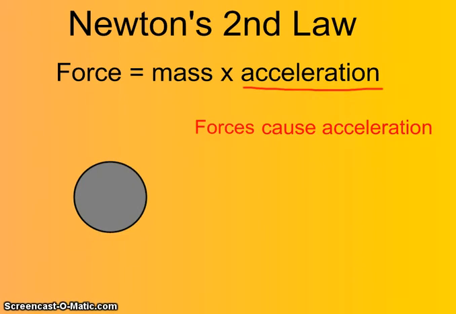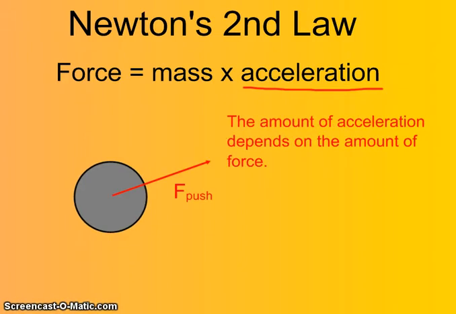Forces cause acceleration. That's really what it comes down to. That's what this law is telling us. At least that's the first part of what it's telling us. We'll break it down here. When you have a shot put and you put a force on it, the acceleration of that shot put will relate to the size of the force you put on it.